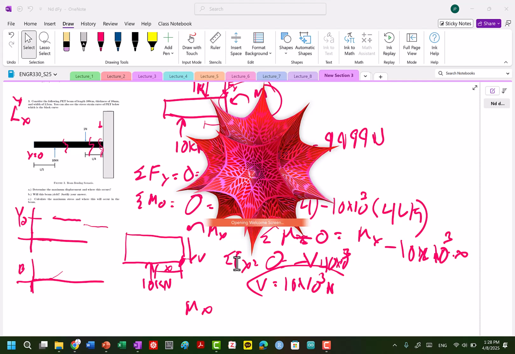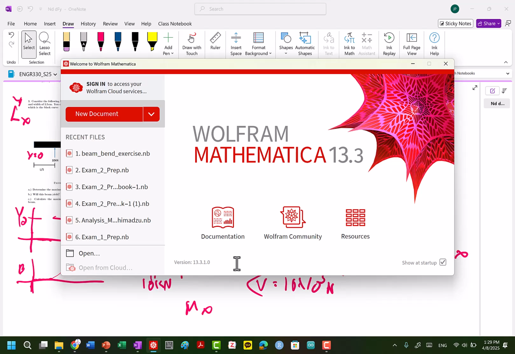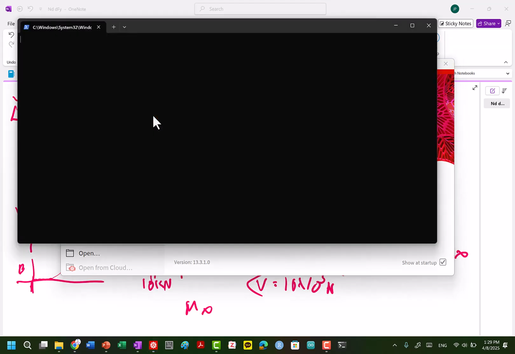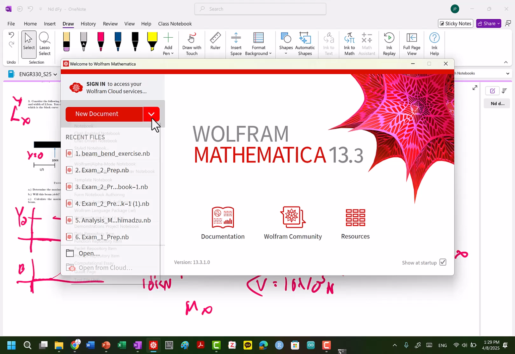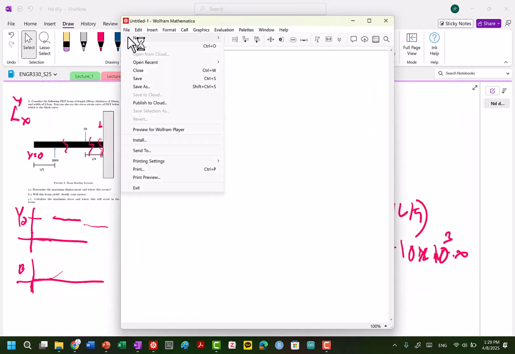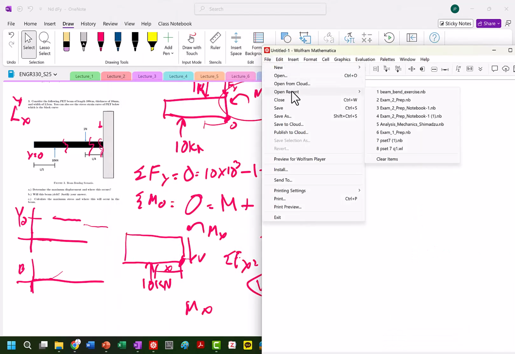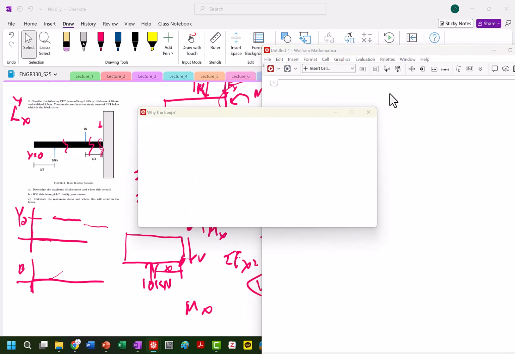Maybe if I plug in and give my computer a little bit of juice, it may kickstart Mathematica. Let's see what we got here. Great. So I'm going to do a new notebook. Fantastic. You see, here we go. So now I'm going to do open recent. I want the beam bending exercise.